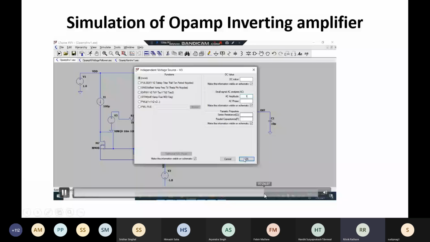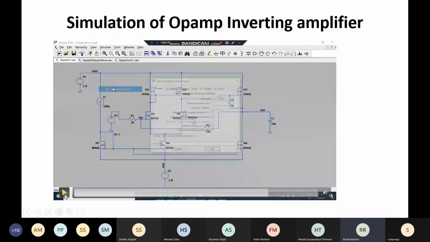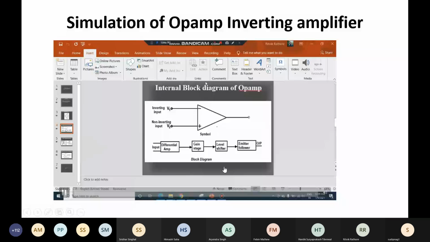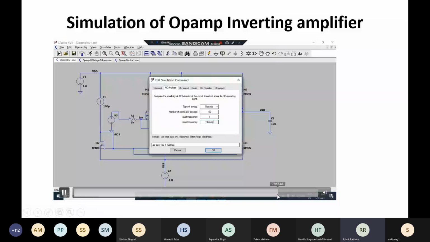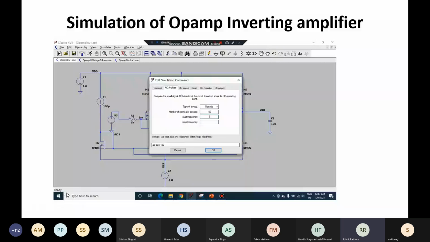Now to simulate, edit simulation command. Doing AC analysis, type of sweep is decade because we want to obtain the Bode plot. Number of points per decade is 100.